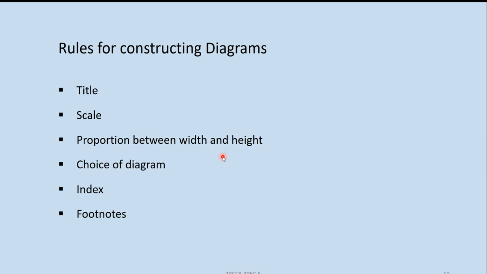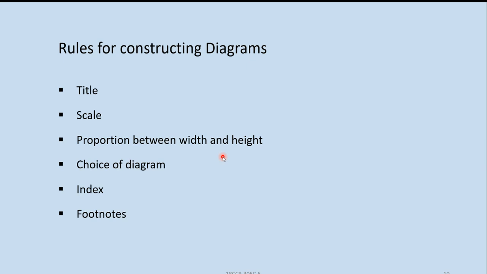For example, when we are talking about distance, say the distance is 100 meters. We obviously cannot show a distance of 100 meters in a diagram, or even a length and breadth of 1 meter and 1 meter, in the picture.